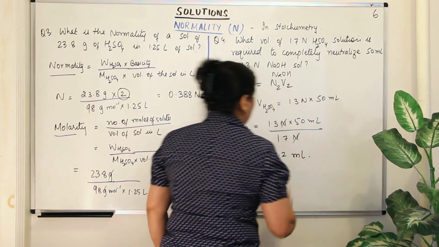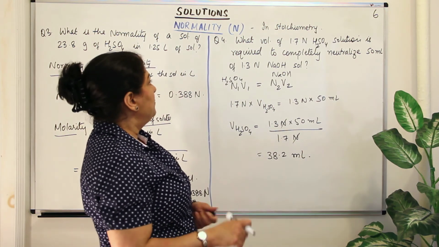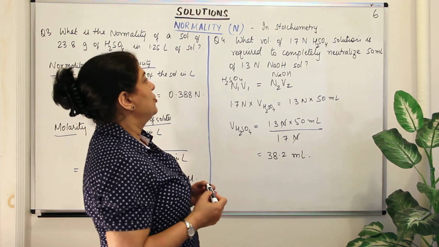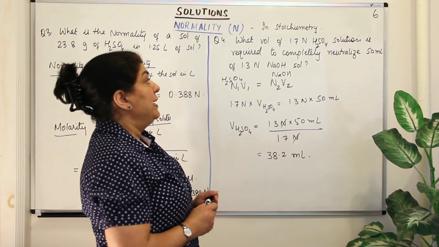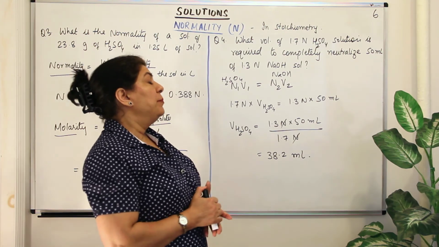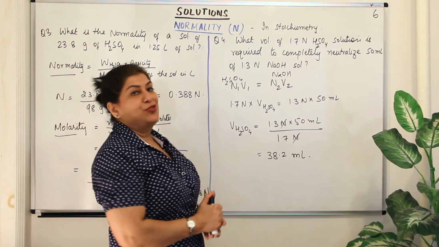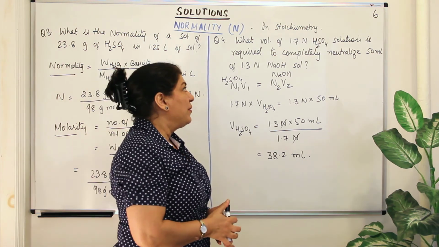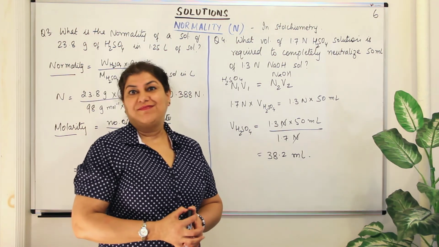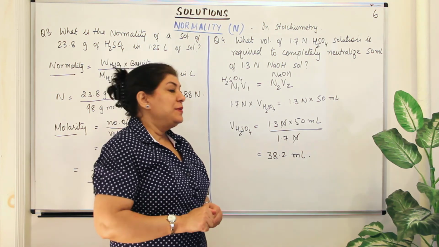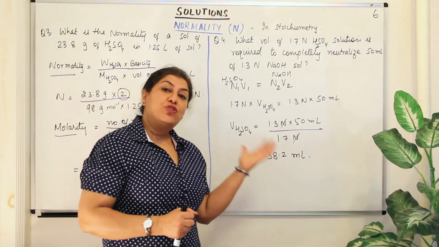So 38.2 milliliters of 1.7 normal H2SO4 solution is required to completely neutralize 50 milliliters of 1.3 normal NaOH solution. So this helps us in questions where you have stoichiometry.